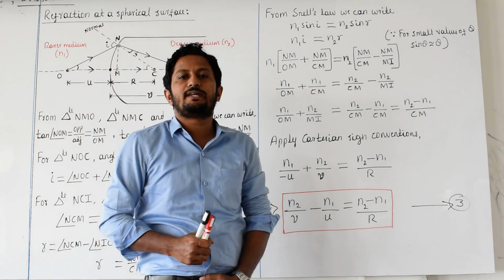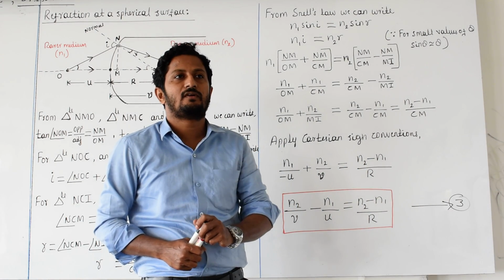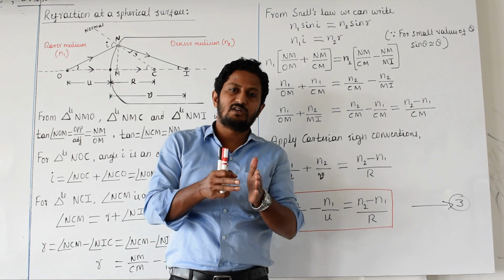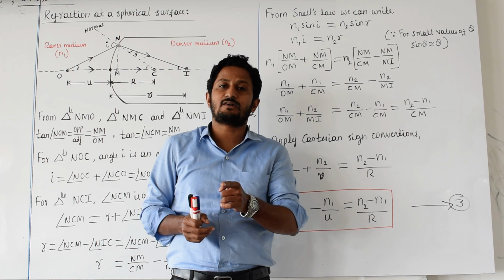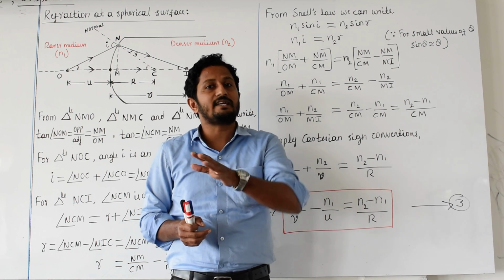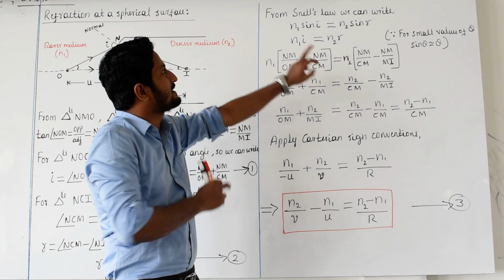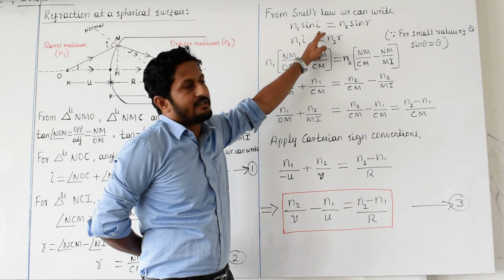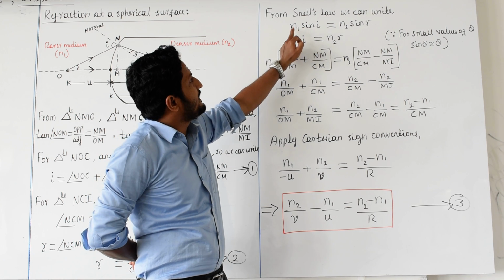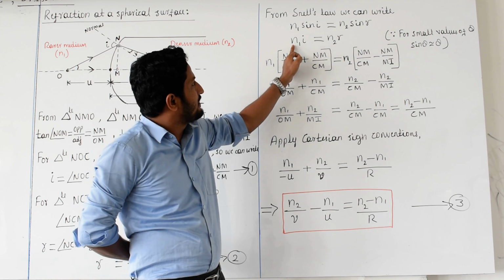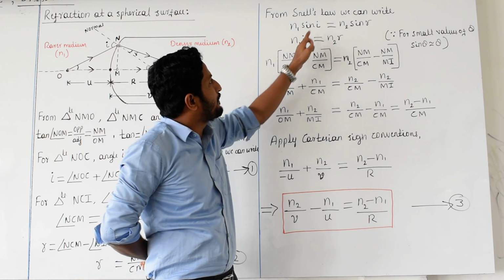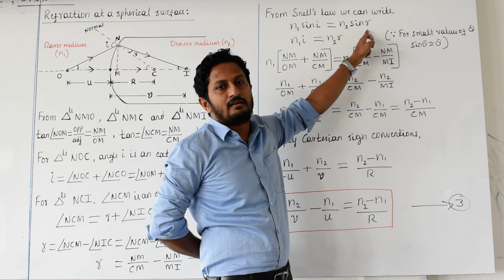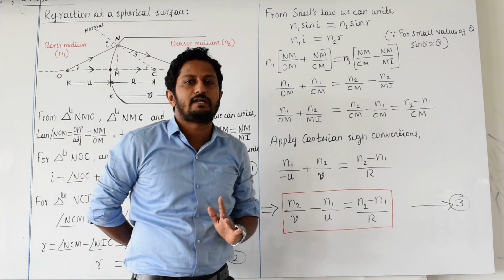Now, according to Snell's law, what can we write? Snell's law says n1 sin i is equal to n2 sin r. Here I have written that Snell's law. Sin i is replaced by i, and sin r replaced by r only.